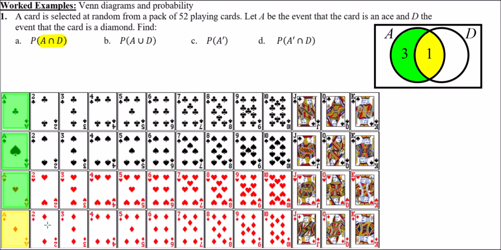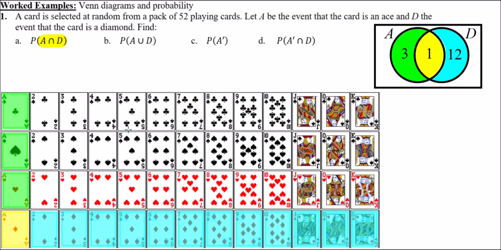Well, the other non-ace diamonds are down here. If we look at these next, which I'm going to colour in blue for this region, there are actually 12 of them. 1, 2, 3, 4, 5, 6, 7, 8, 9, 10, 11, 12. So there are 12 diamonds that are not aces. We can fill in 12 there.